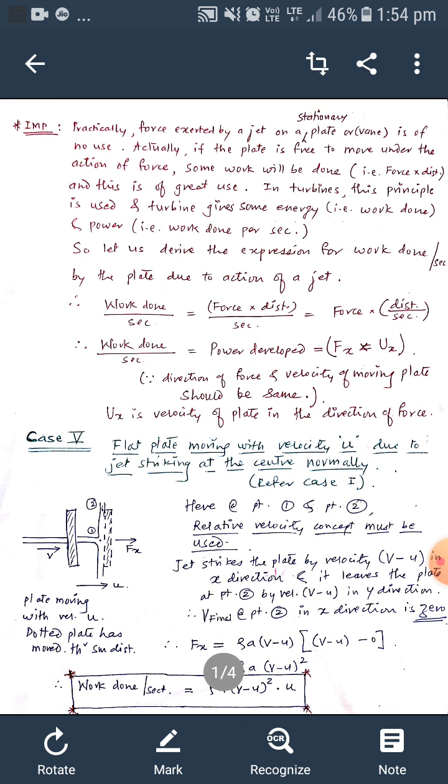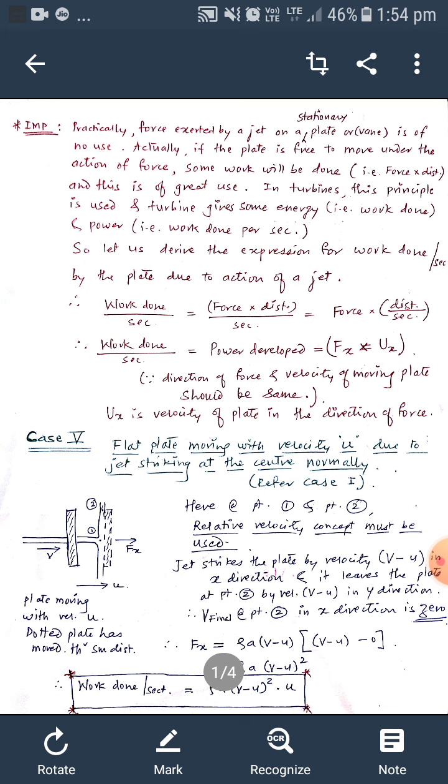Now in this case, the plate is moving in the direction of jet. So to find out relative velocity of the jet with respect to plate, we take the subtraction of two velocities, that is velocity of jet minus velocity of plate.